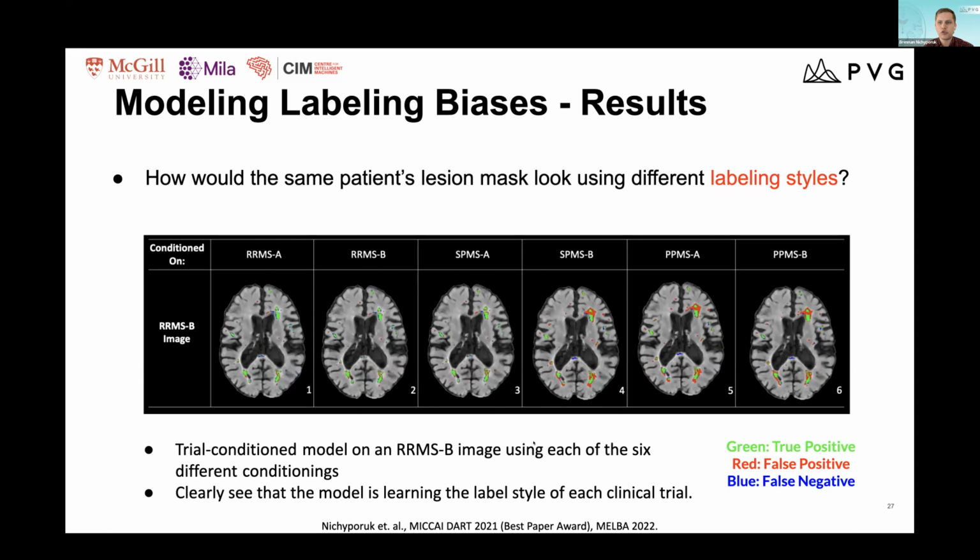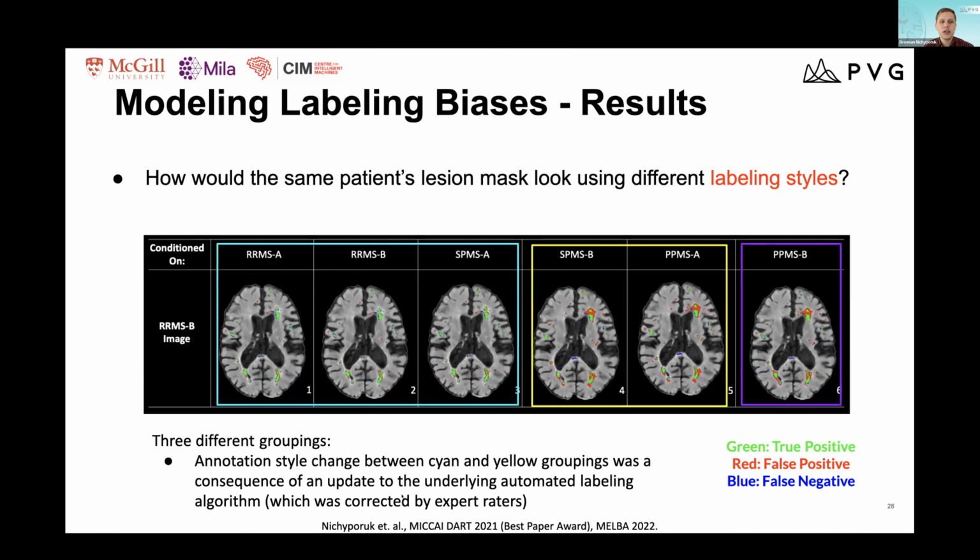And you can see that there are about 2 to 3 label styles here. Specifically, we have this label style in cyan, and we have another in yellow. And there's also a very slight difference between the one in yellow and purple. It's a bit hard to make out.